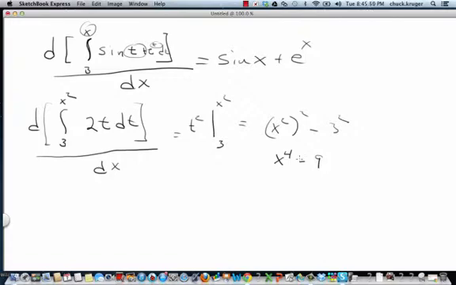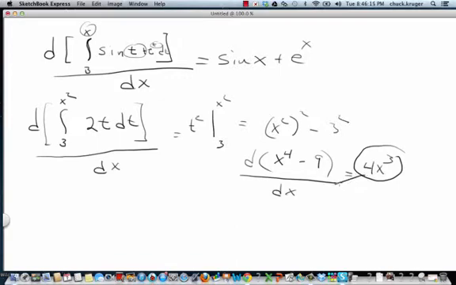Let's see if I did that right. When I take the derivative of this with respect to x, I get 4x cubed. That doesn't quite look right, does it? Let's take a look at what this 4x cubed really is.